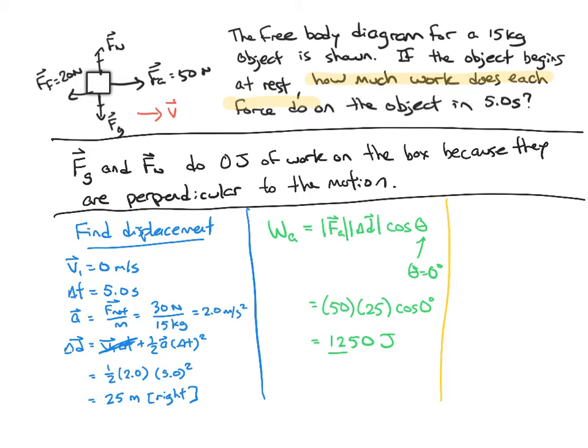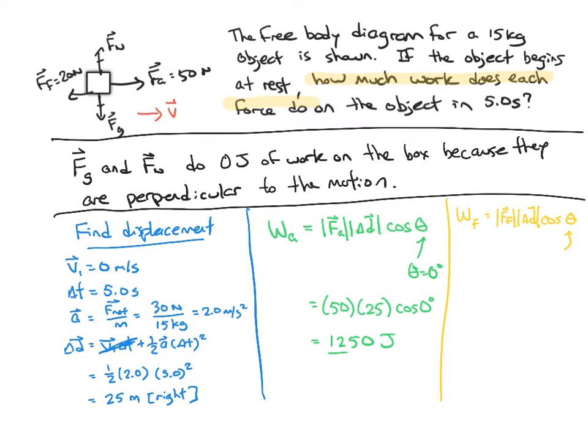And now finally the work done by friction, which I'll denote as W subscript F. We do the same thing, except we use the force of friction instead. Displacement's the same, cosine of theta. Now, what's the angle between the force of friction and the motion of the object?